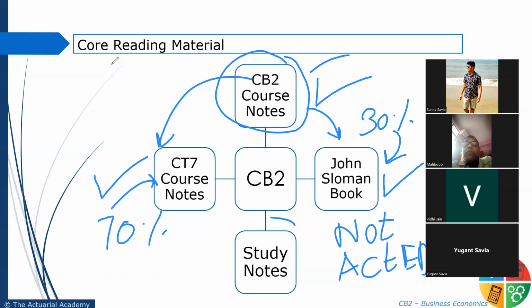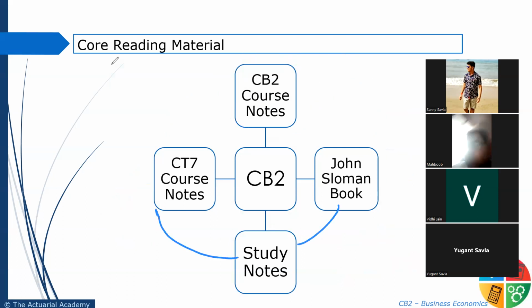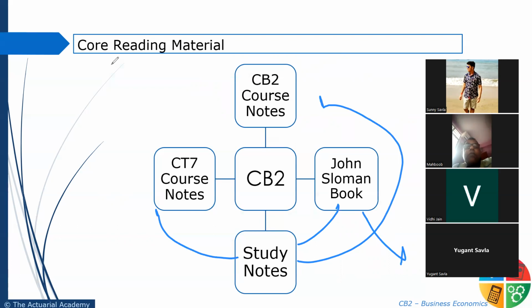We have something called study notes, which are prepared by us at Actuarial Academy, and these study notes combine all three. They include all the questions from your CB2 course notes. John Sloman is the author-specified book, but it is very extensive and goes into much detail, which is not even required in our CB2 portion.